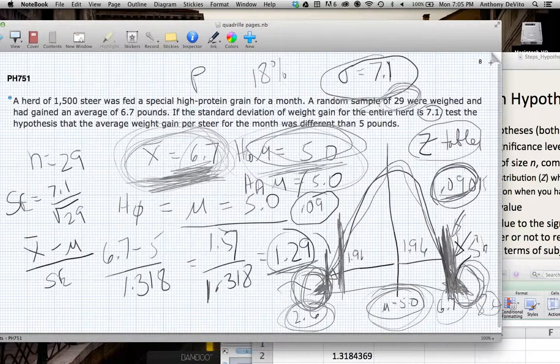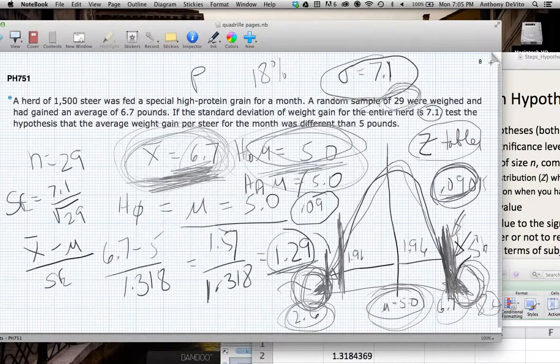So that on the Z table is like 9%. So that's also 6.7. Well, you're looking at the Z table, right? What the Z table is showing you is how many standard deviations apart these values are.